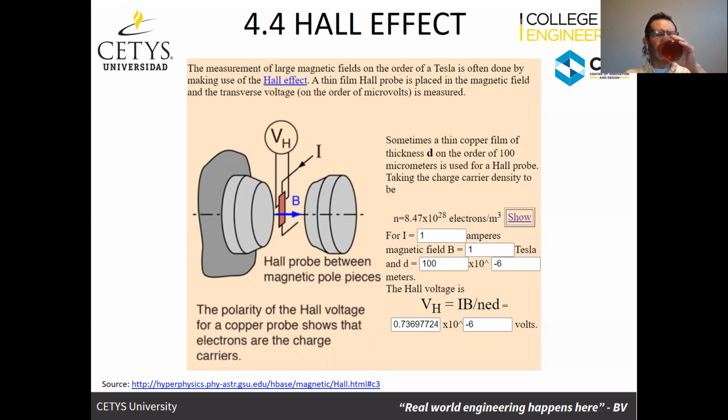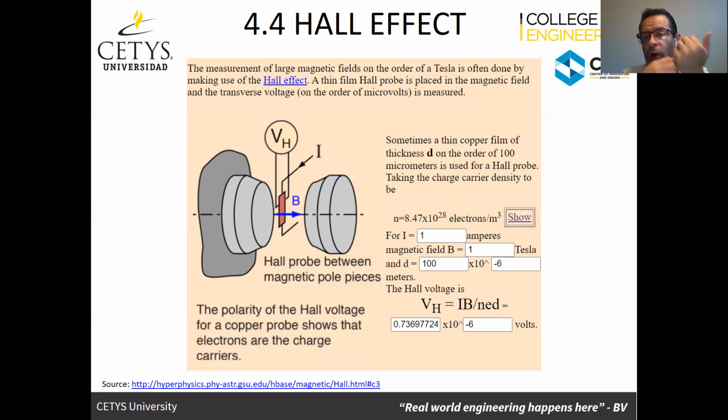Well, I believe you agree that if I change any of these parameters, the current, the magnetic field, the thickness, or even the material, then the Hall voltage is also going to change. And so this very basic principle in magnetism, the Hall effect, can be used in practical applications.